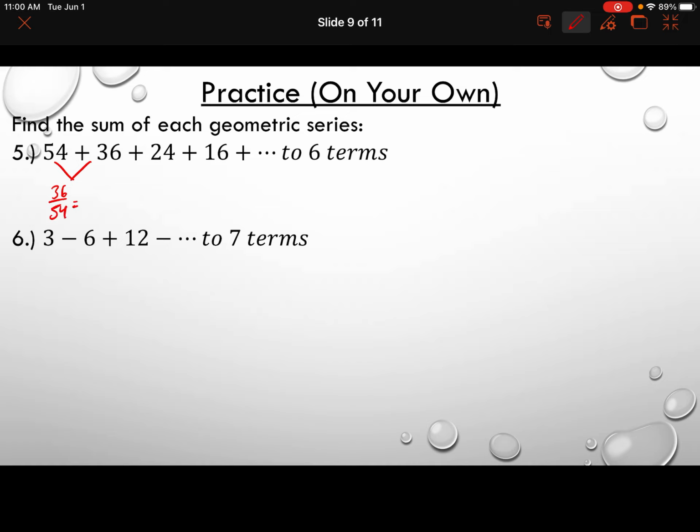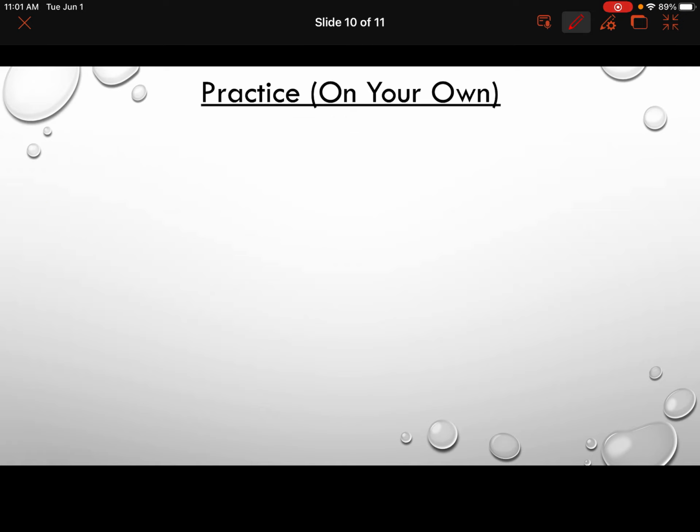So 36 divided by 54 gives you 2/3. That means your ratio is going to be 2/3. That is going to be your R value. That was just a quick reminder how you find the R value of any given geometric sequence. So 5 and 6 on your own as well.